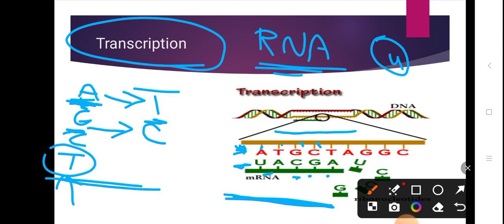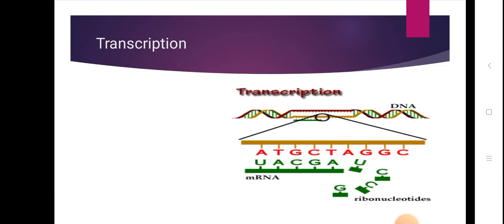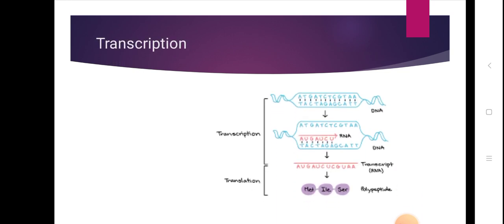And after this process, we have mRNA, a molecule of RNA that carries the instructions or a message for the formation of protein. That is called what? Called mRNA or messenger RNA. Okay?